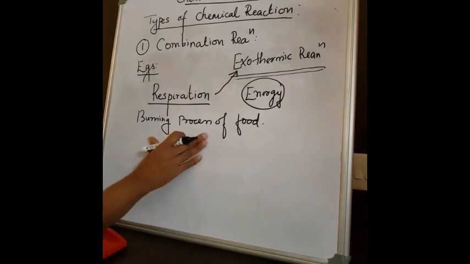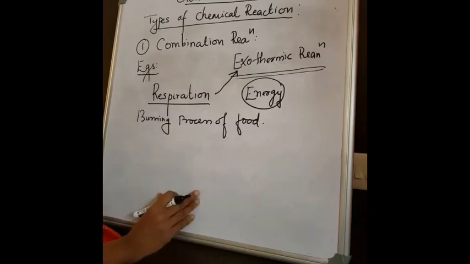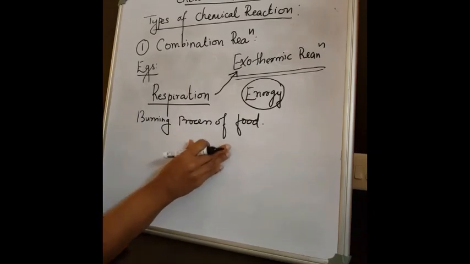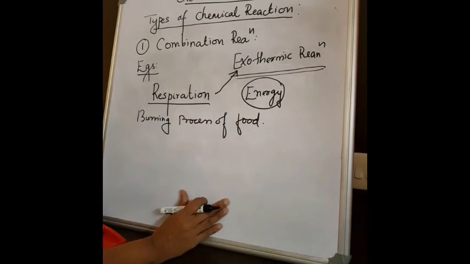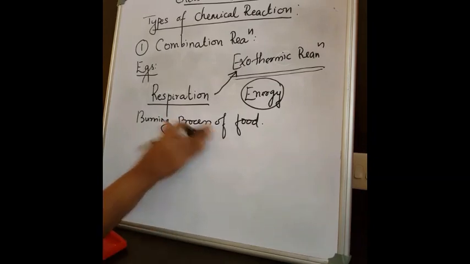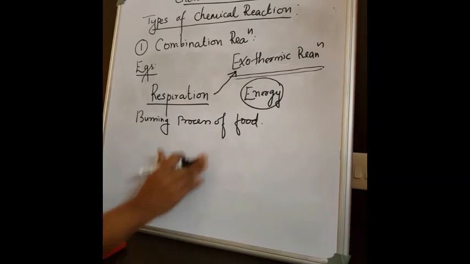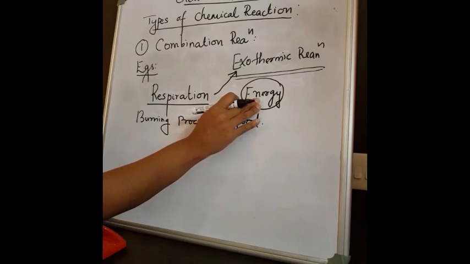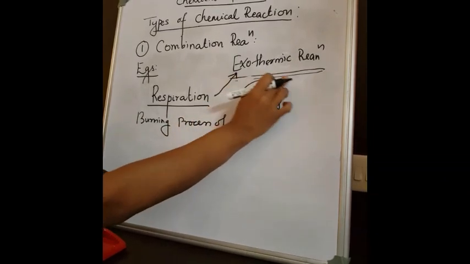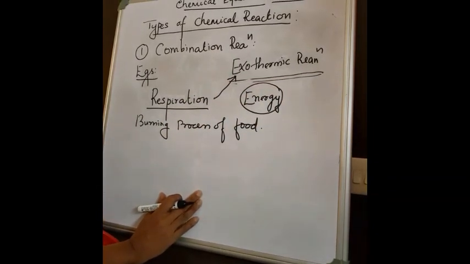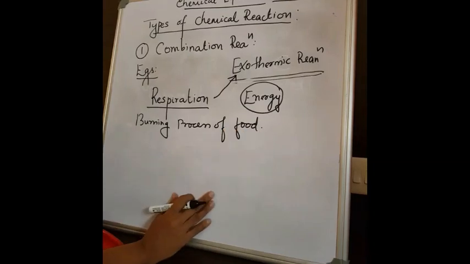Now, combustion means what? Combustion means reaction with oxygen. So, something is reacting with oxygen to give us energy, that is it. So, how is this possible? You know that we need energy for living, and where does this energy come from? We get this energy from our food, isn't it?